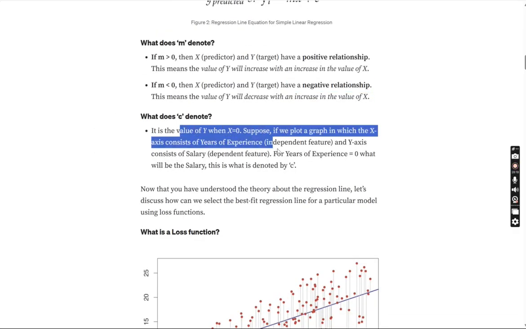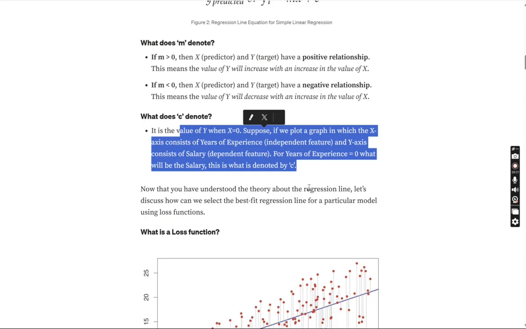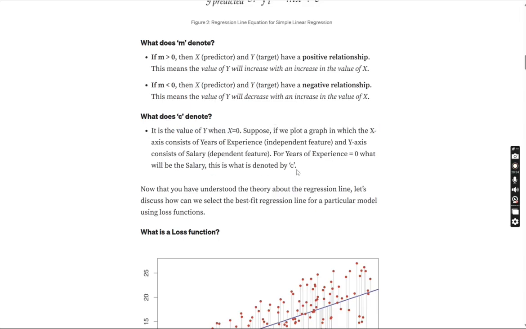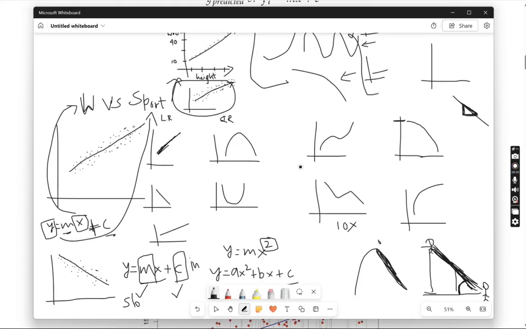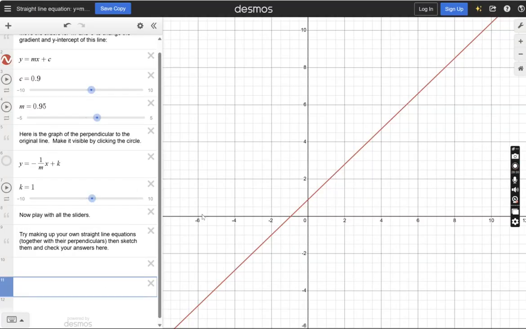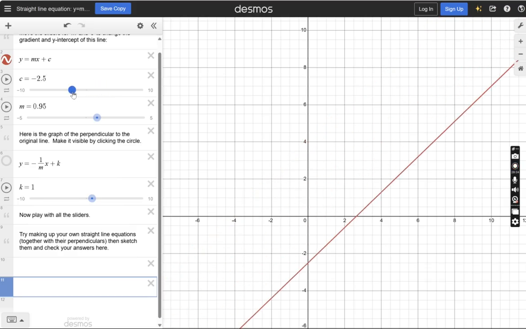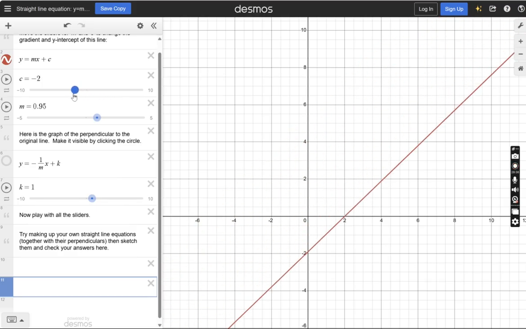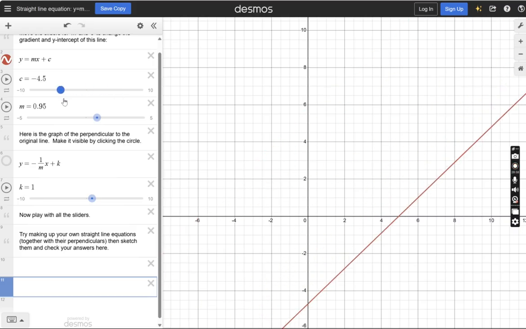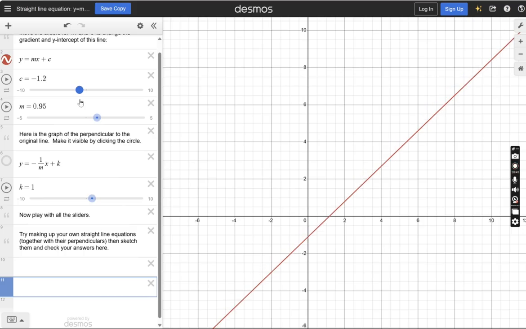And next is this intercept that we talked about. This intercept is a very interesting thing. Different people have different ways of interpreting it, although the intercept is controlling where the line should start.